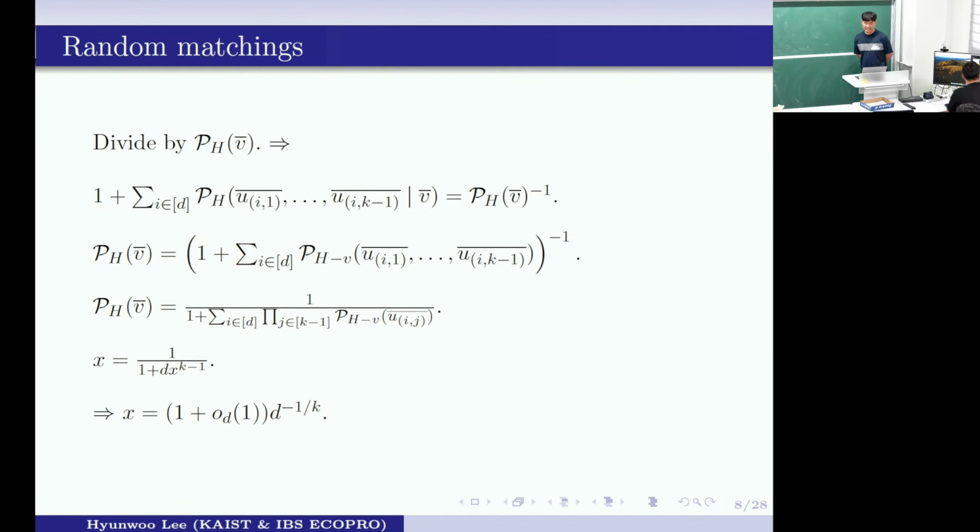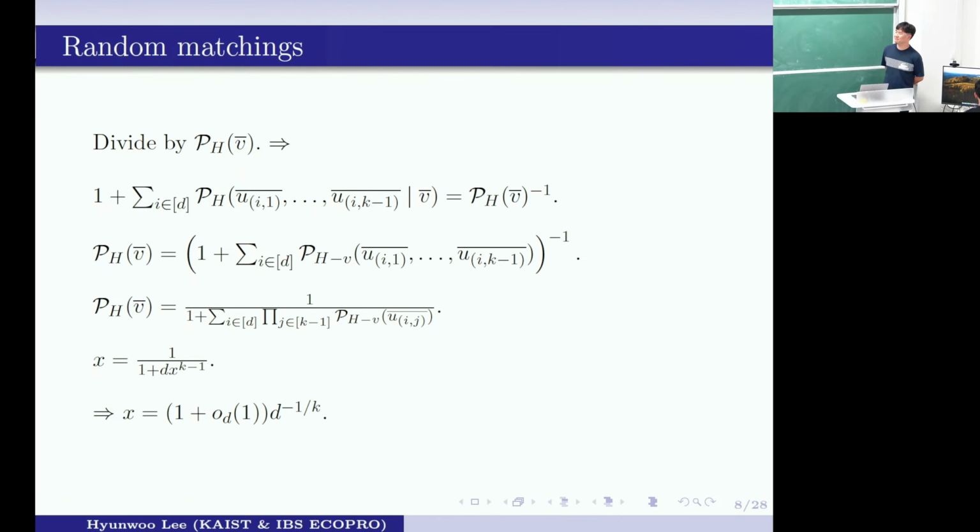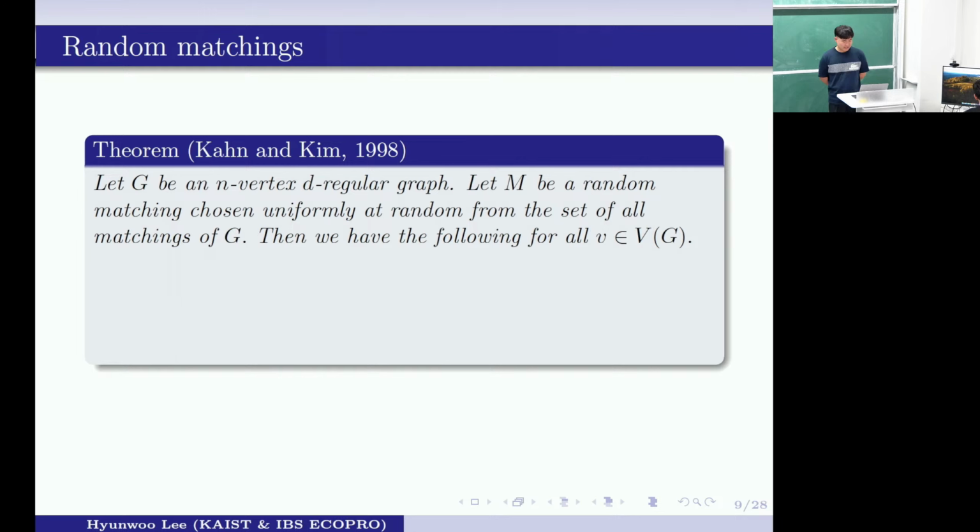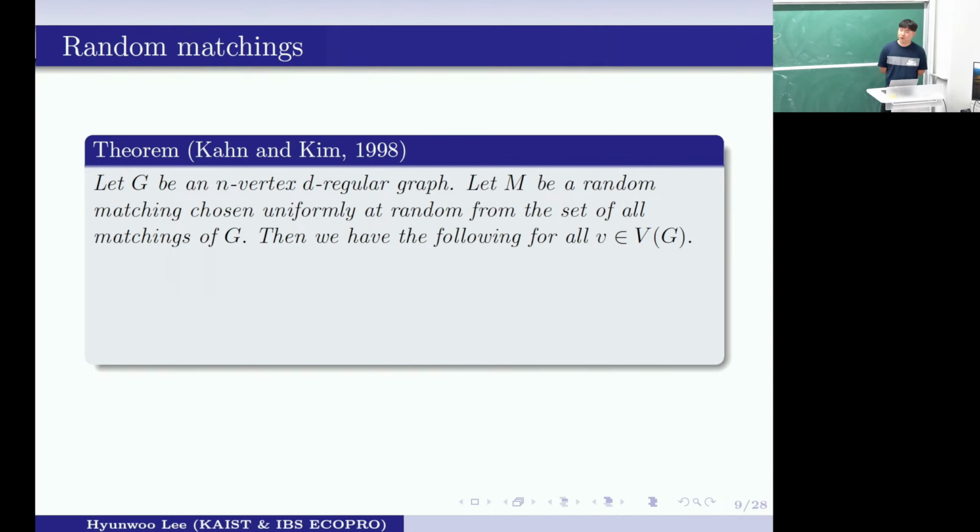Yeah, some bunch of calculations. But anyway, this was maybe the motivation of the conjectured value. And this conjecture was proved for the graph case by Kahn and Kim, and Jung and Kim.